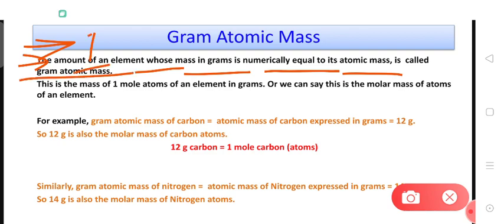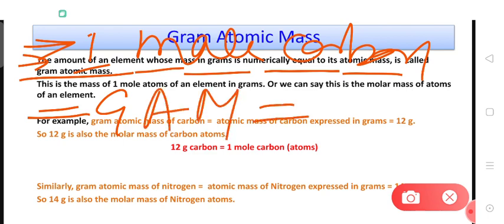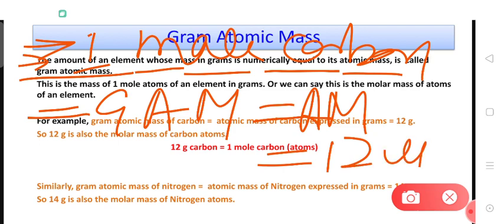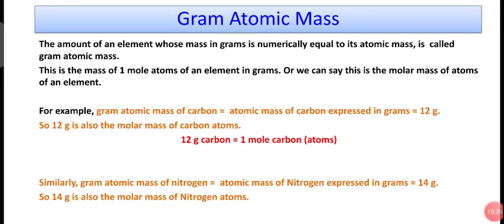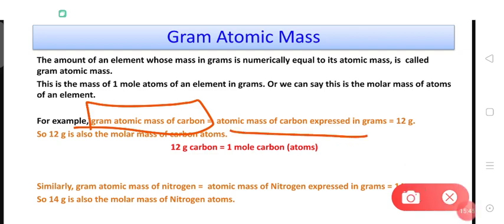So if we talk about 1 mole of carbon, its mass will be equal to the gram atomic mass of carbon, and this will be calculated from the atomic mass. You know that the atomic mass of carbon is 12 U, so the gram atomic mass will become 12 gram. So see what is written here: gram atomic mass of carbon is equal to the atomic mass of carbon expressed in grams, that is 12 gram.